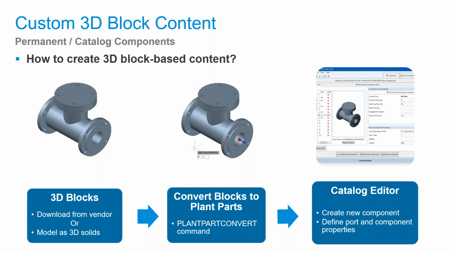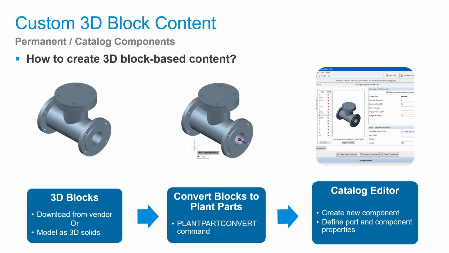If you're doing 3D block-based content for your catalog components, which are going to be more for permanent catalogs, you're going to take your 3D blocks, which you download from your vendor, or you're going to model them yourself, convert those blocks to plant parts using the plant part convert command.